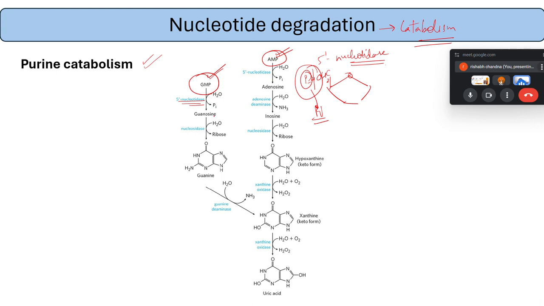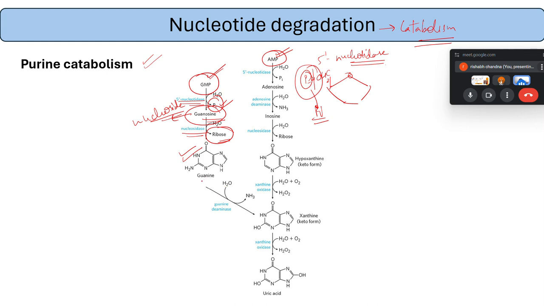So in GMP, first the inorganic phosphate is released and then this guanosine is formed. This is a nucleoside. So in this nucleoside, then using nucleosidase, the ribose is removed. That leaves only the guanine base. Okay.